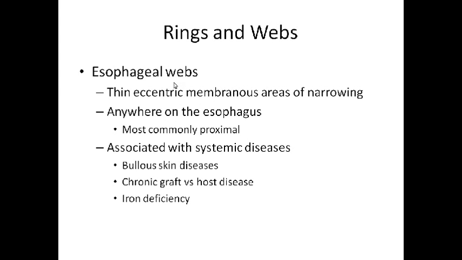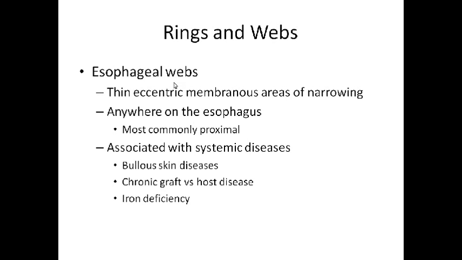Esophageal webs are thin, eccentric, membranous areas of narrowing. These can be anywhere in the esophagus, but most commonly in the proximal esophagus. And then these are associated with systemic diseases also. Bullous skin diseases, these are mostly autoimmune diseases with bullous skin diseases. Not usually seen in the U.S., very rare in the U.S., but more commonly in other nations.